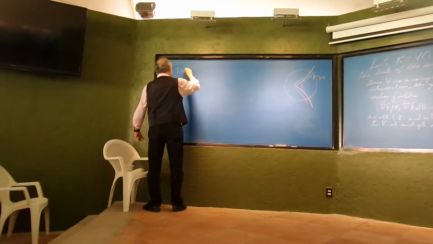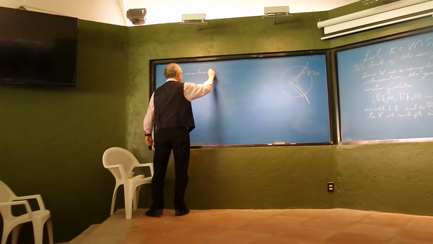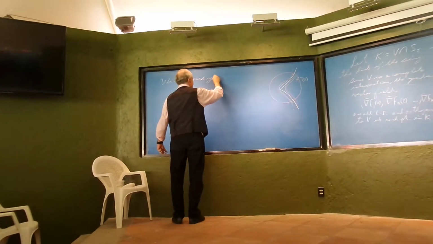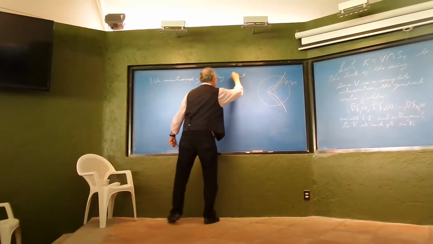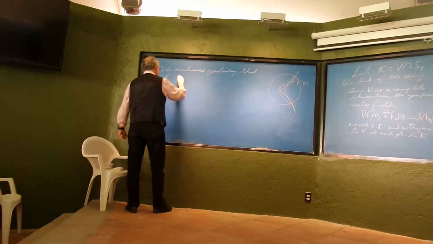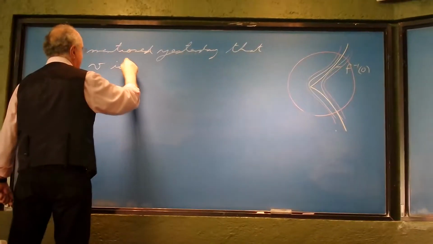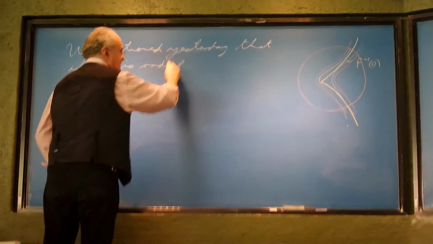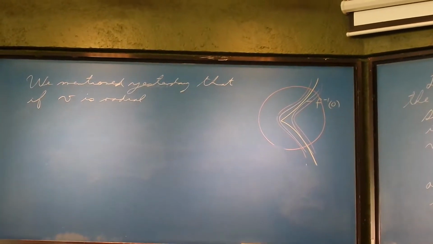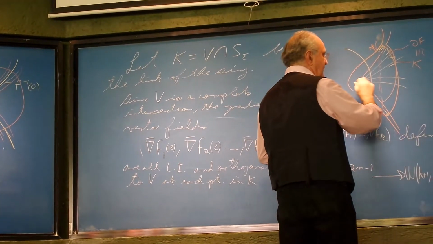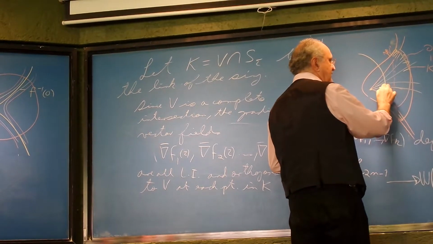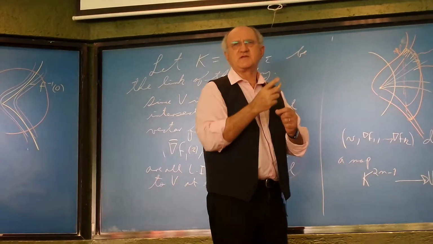We mentioned yesterday that if V is radial, it means that you take the vector field and any sphere centered at the singular point, then at the intersection points with V, the vector field is transversal to the sphere pointing outwards.